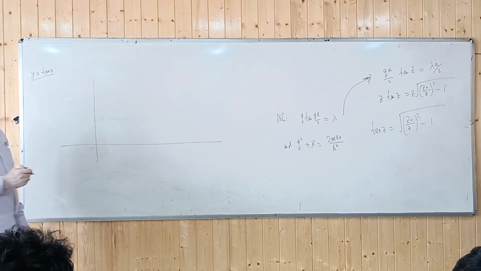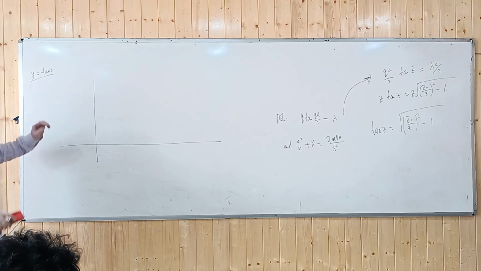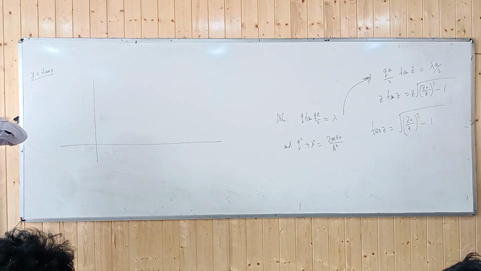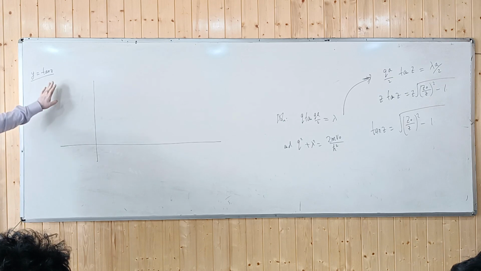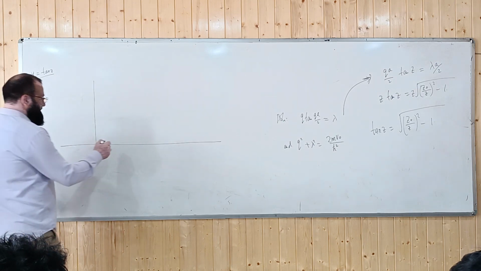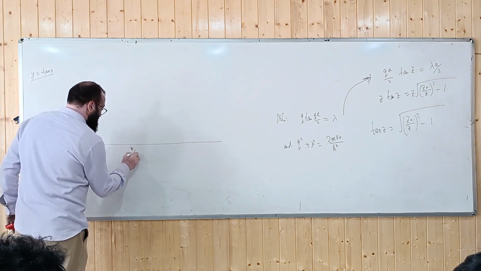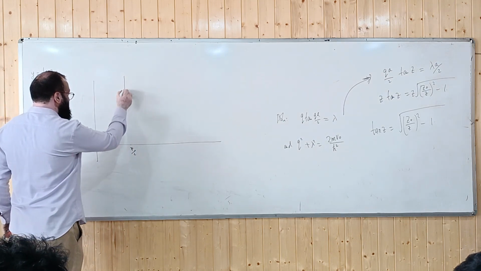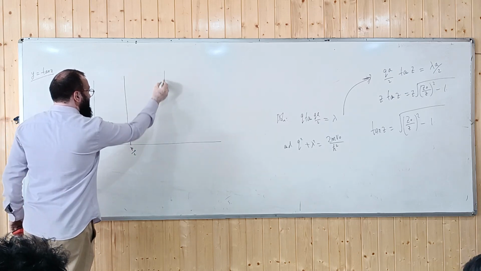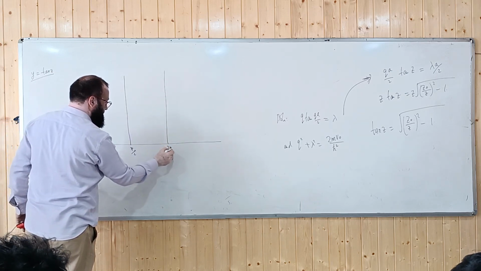Got it? You know tan of z is 0 at z equal to 0, and it's infinity where? At z equal to pi by 2. Clear? So let's take the pi by 2 point. This is your pi by 2, and this is 3 pi by 2.